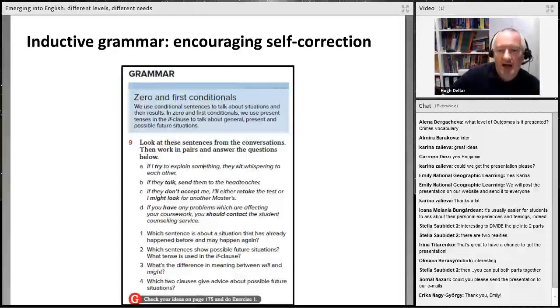So here we're kind of layering or adding to the students' understanding of how the grammar works by showing them how this particular piece of grammar interacts with other pieces of grammar that they've already studied. Again, I think the other thing that you can think about is encouraging reflection and encouraging self-correction. So again, this is from intermediate levels, and it's taking some grammar from context, from listenings that they've heard.